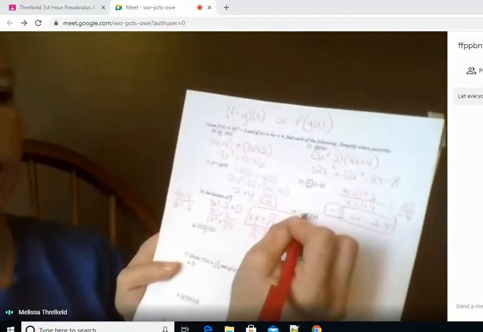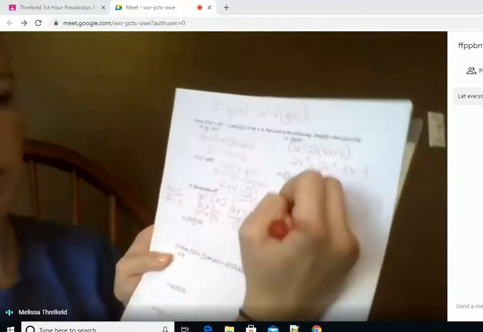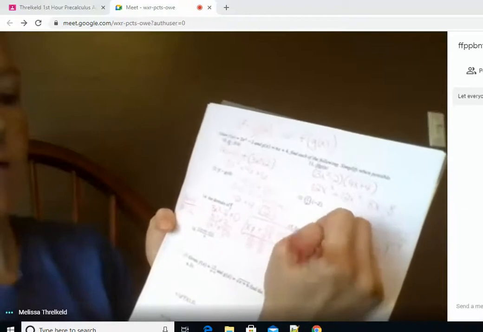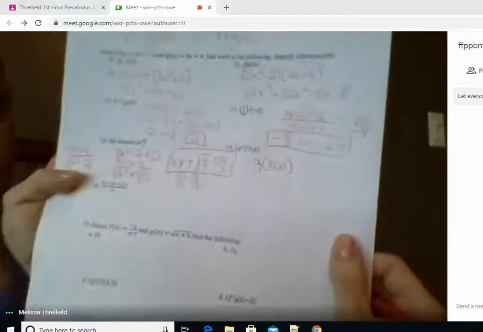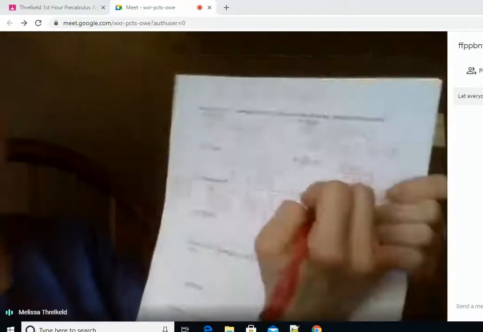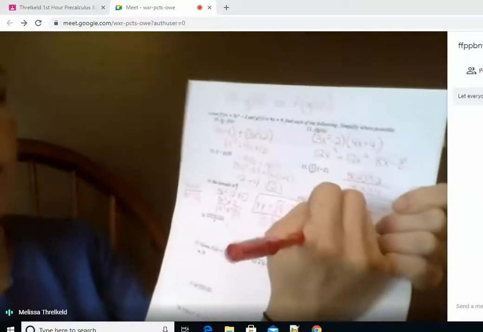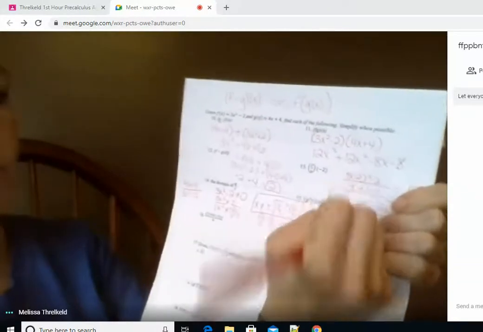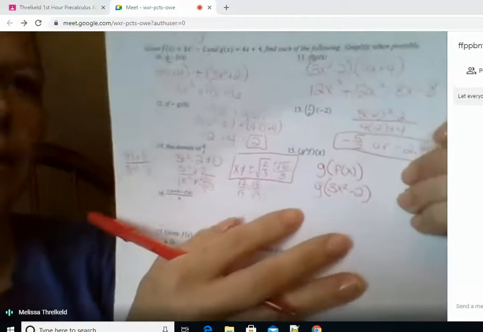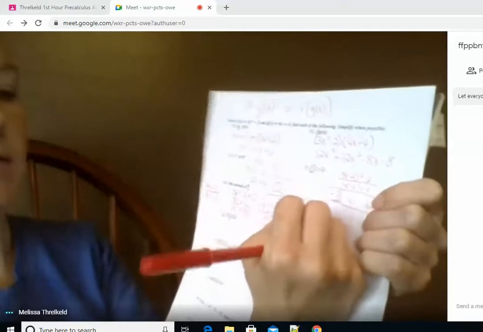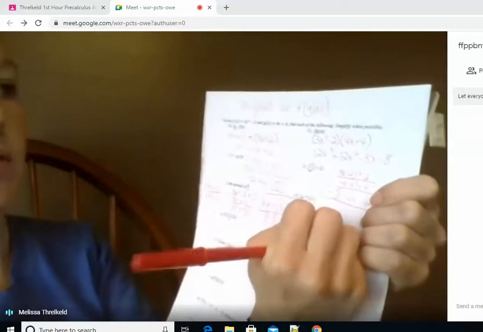Okay, 15. This little circle tells me it's a composition. So this means g of f of x. Okay, so we start on the inside. f of x is 3x squared minus 2. You are plugging that into g, so that means you go to g, and where there was an x, you plug in 3x squared minus 2.